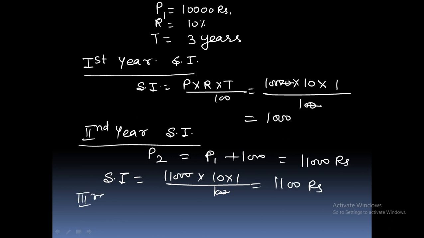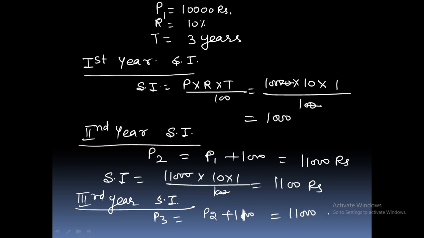Third year simple interest: P3 is equal to P2 plus 1100, that is 11,000 plus 1100, 12,100 for third year principal.